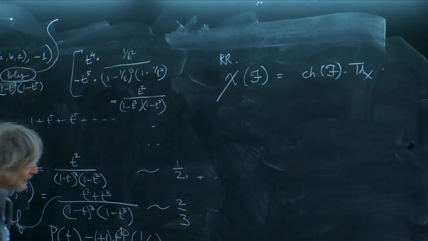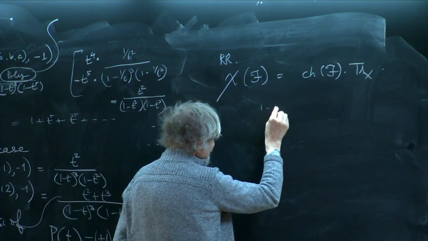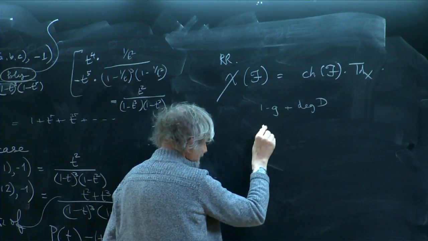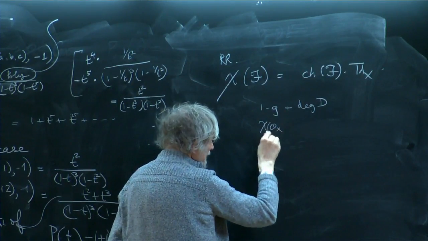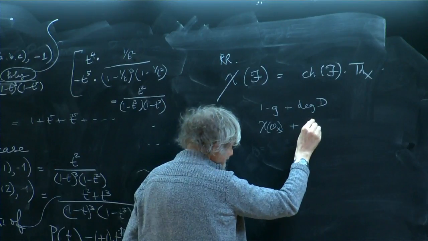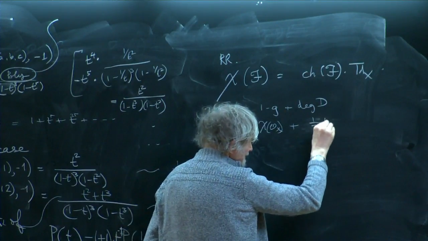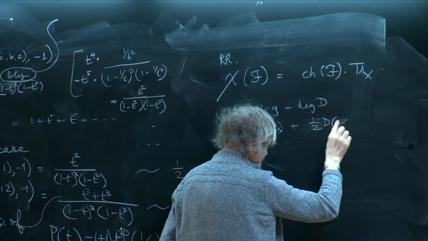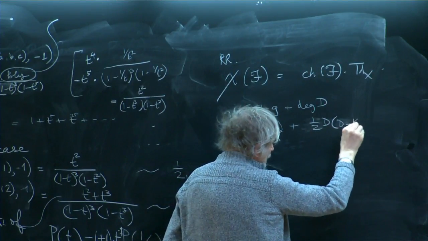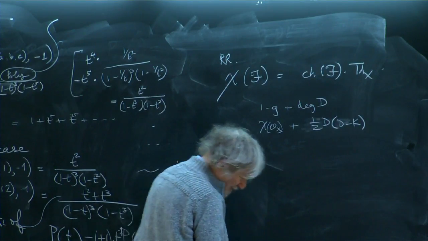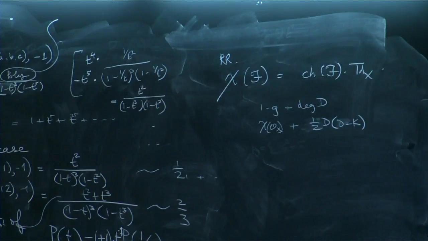Yes, so you know, this is 1 minus g plus degree d, or it's chi of O_X plus n choose 2 plus 1/2 d(k minus d minus k) for a surface, and then for a threefold it's something slightly more complicated, not much more complicated. However, when you get to a fourfold, it is some immensely complicated formula.